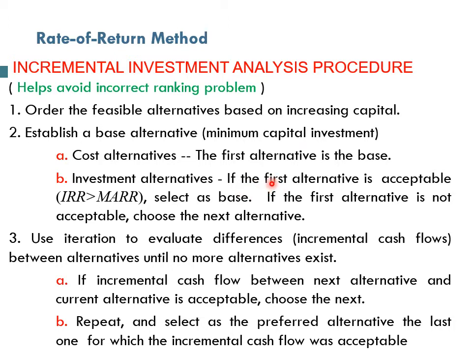We find its IRR, internal rate of return. If this is greater than MAR, then we select this project as the base. Otherwise, we ignore this project, select the next one, find its IRR and compare it to the MAR. If it is greater than MAR, then we select that one as the base. Otherwise, we exclude this project also.